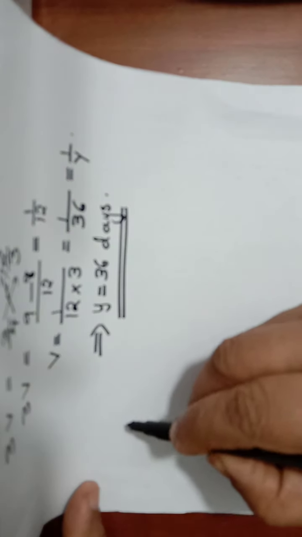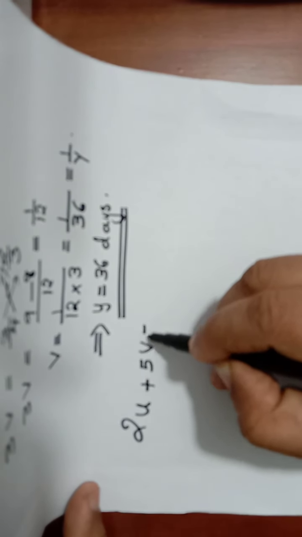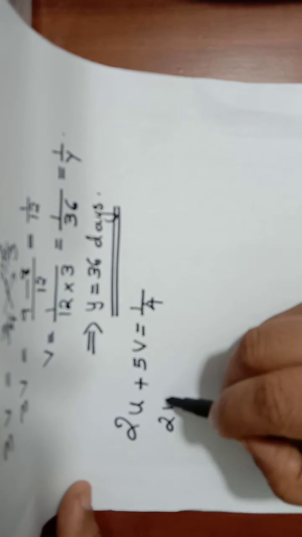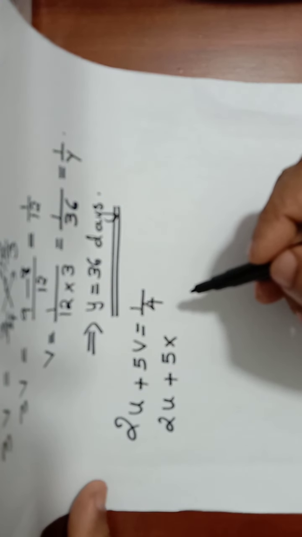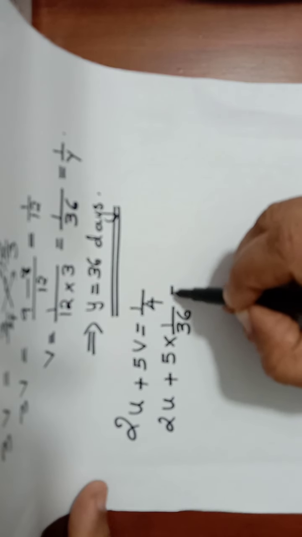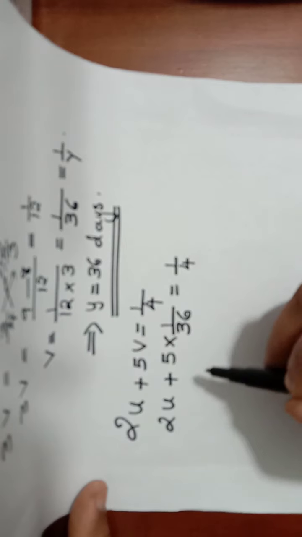That is, we have 2u plus 5v equal to 1 by 4. 2u plus 5 into the v value. What is our v? It is 1 by 36. Be careful, don't write 36 there. 5 by 36.